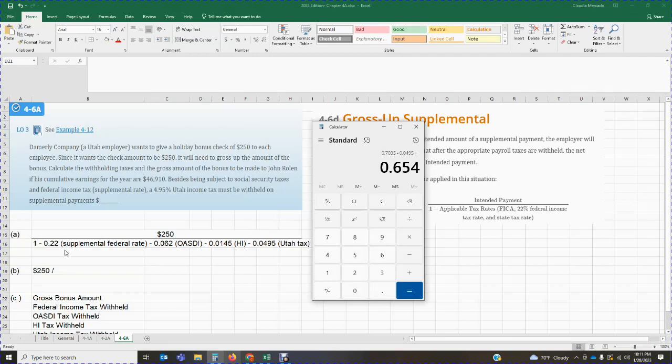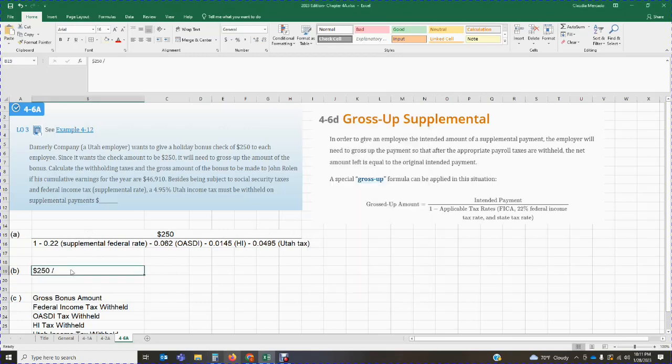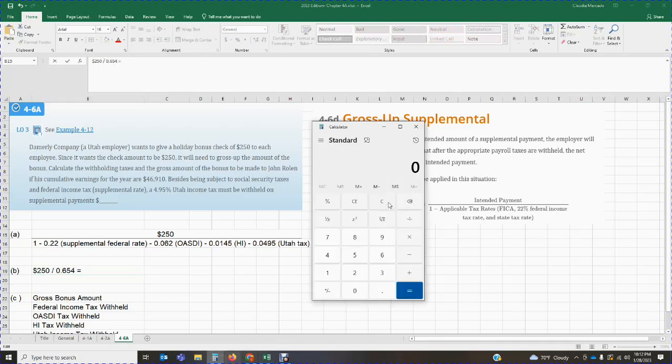It's already deducting the 1, so it's just going to be 250 over 0.654. 250 divided by 0.654 gives me 382.262. Because that third digit is a 2, I'm going to keep it at 26, so it'll be 382.26.